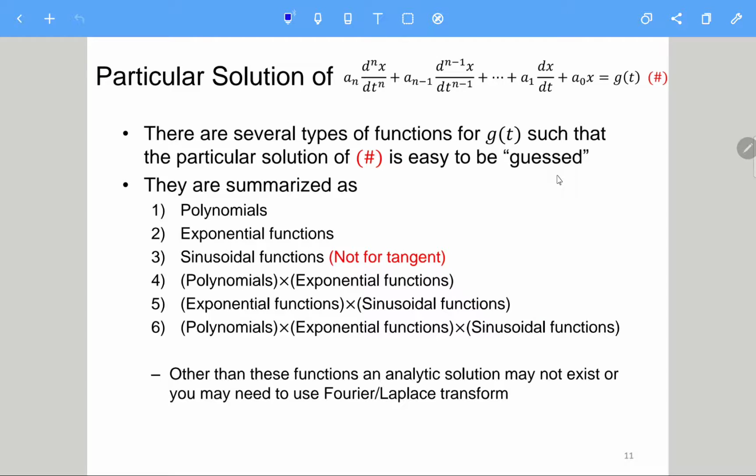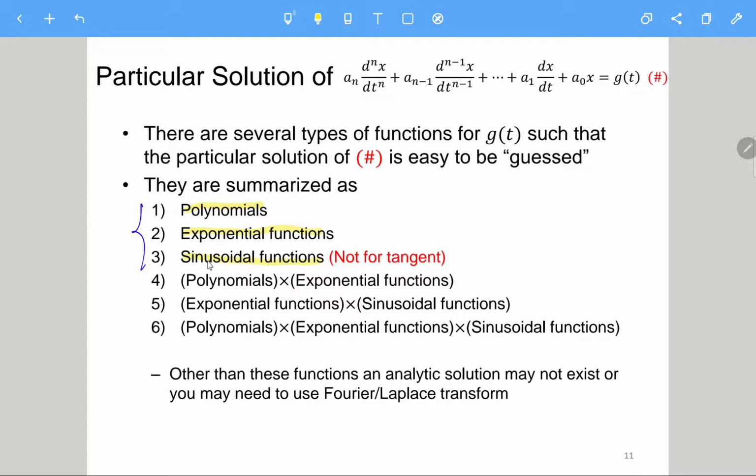Guess means actually you need to remember the rules. So they are summarized as polynomials, exponential function, sinusoidal function. These are the three basic types, which means you will usually be facing this kind of ODE.